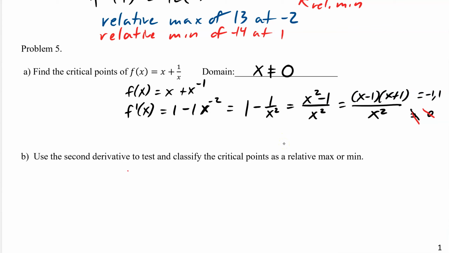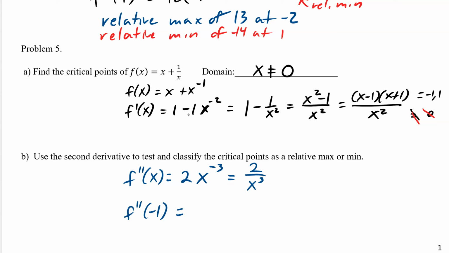Okay, so now we take those numbers, and we don't have to do that whole line or table. We're just going to plug them in. So let's find our second derivative now. And we're going to use this one. So that would now be 0. And then that would become +2 x to the -3. So this is 2 over x cubed. And we just have to plug in our points.